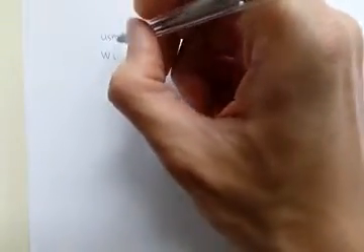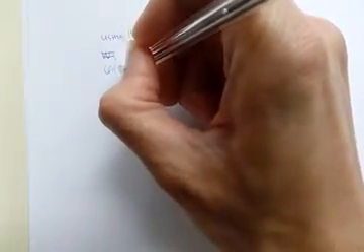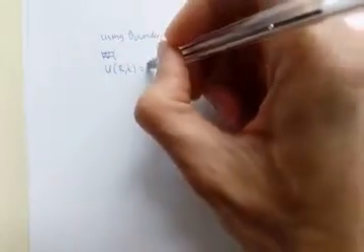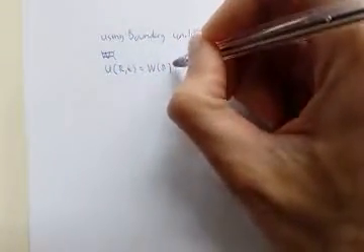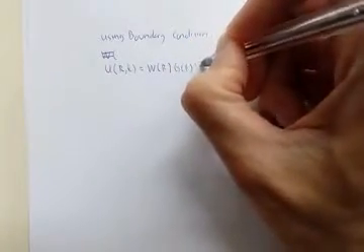Okay, next we want to know the boundary condition. When r equals capital R, the function u becomes W(R) multiplied by G(t) equals 0.